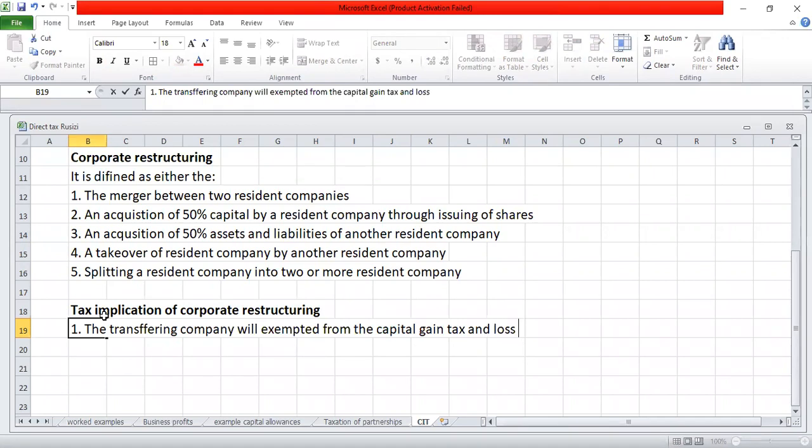Now, the main tax implication, if you identify that the question is about corporate restructuring, is that the transferring company is exempted from the capital gain tax and loss. As long as it is a corporate restructuring, the company that is transferring is going to be exempted from the capital gain tax and the capital gain loss. It's not going to pay tax on the capital gain, and the loss is going to be considered as an expense. That's what it means, in case it is a corporate restructuring.